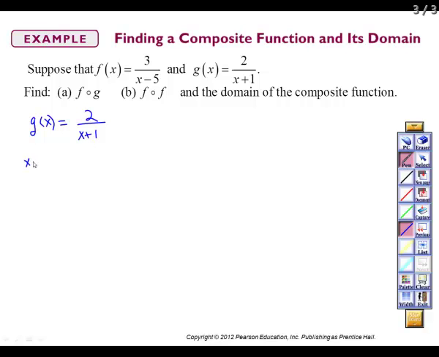We should have said set the denominator equal to 0, and we know that x cannot be negative 1. So far our domain is the set of all values in set x, where x cannot be negative 1. But we have to now find our domain for f of g. So here this was the g of x part.